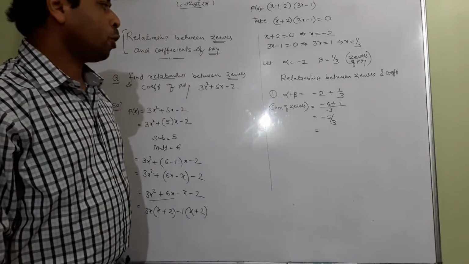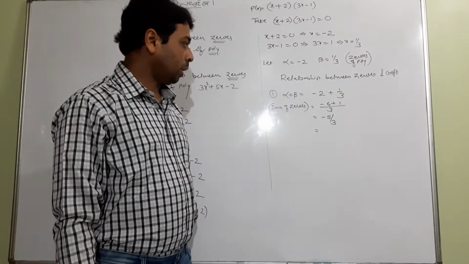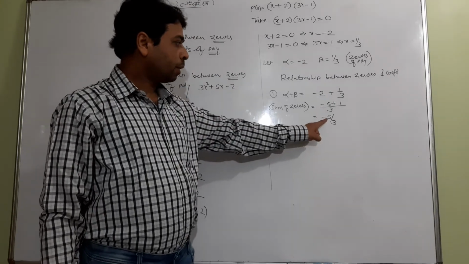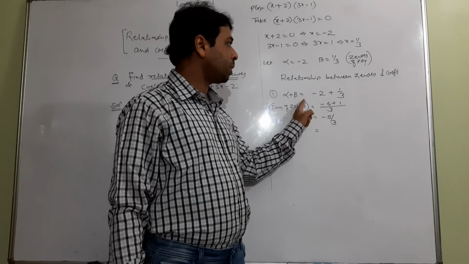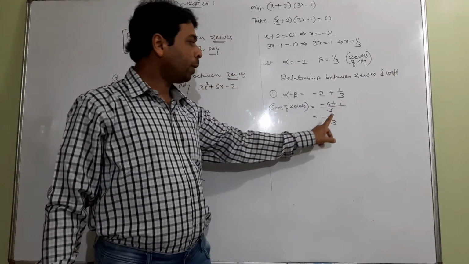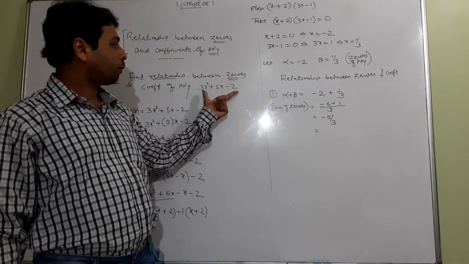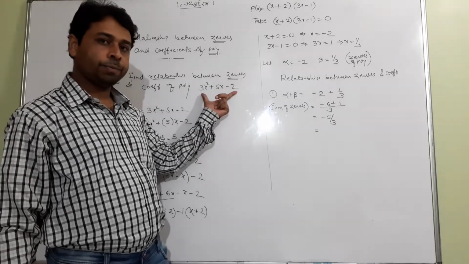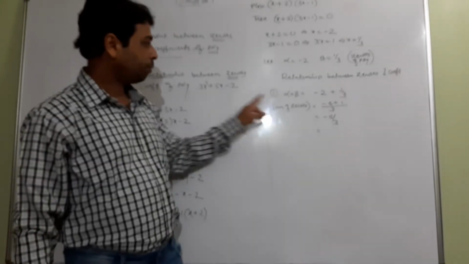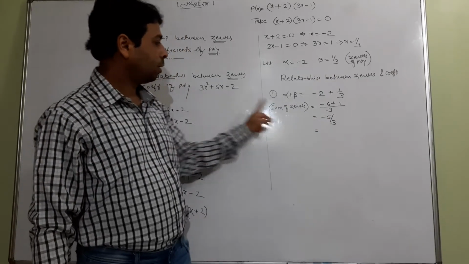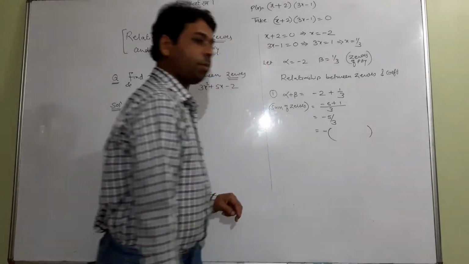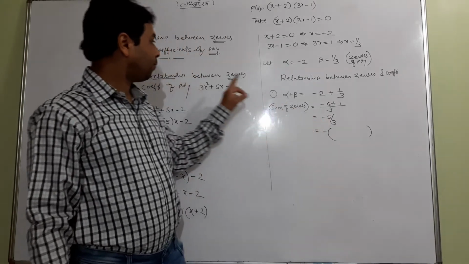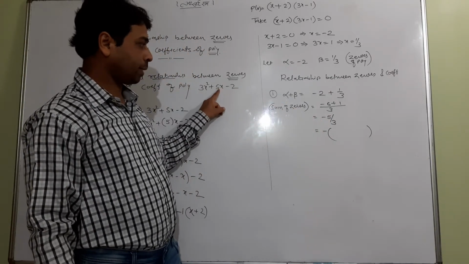So students, look properly, this is a very important concept. Here I have found the zeros, which are alpha and beta, and the coefficients. Look at 5 and 3; these are coefficients, so see what they are. 5 is here, 3 is here. The minus being the same, instead of 5 write coefficient of x.